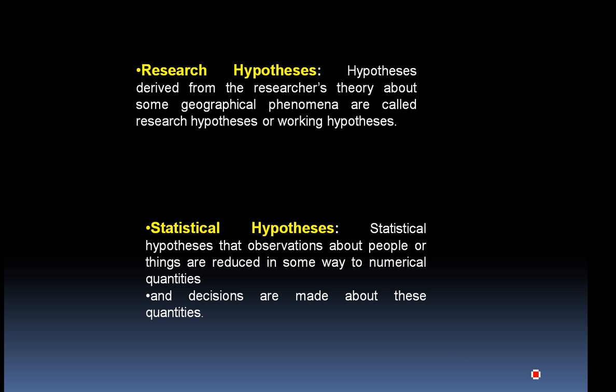Next is research hypothesis. A hypothesis derived from the researcher's theory about some geographical phenomena is called a research hypothesis, or you can also call it a working hypothesis. Fifth is statistical hypothesis. In a statistical hypothesis, observations about people or things are reduced in some way to numerical quantities and decisions are made about these quantities.